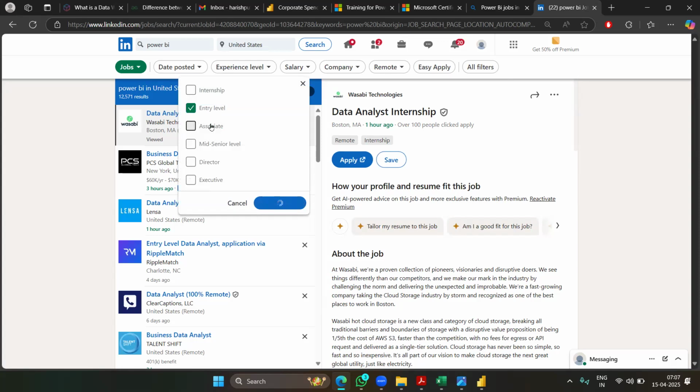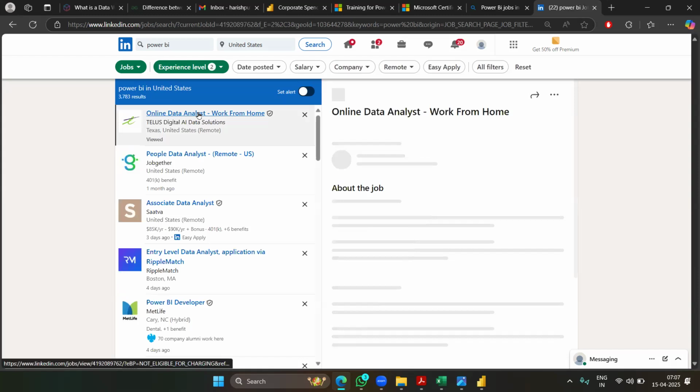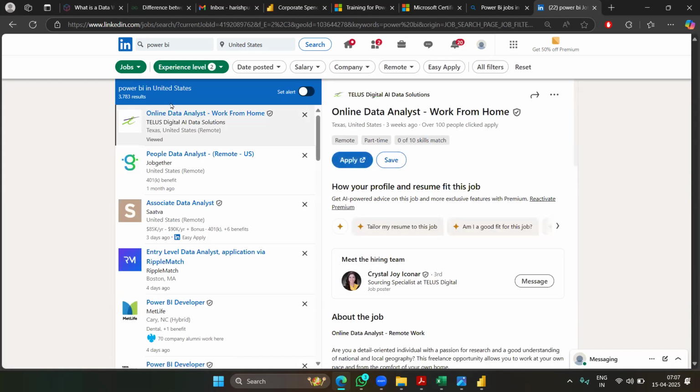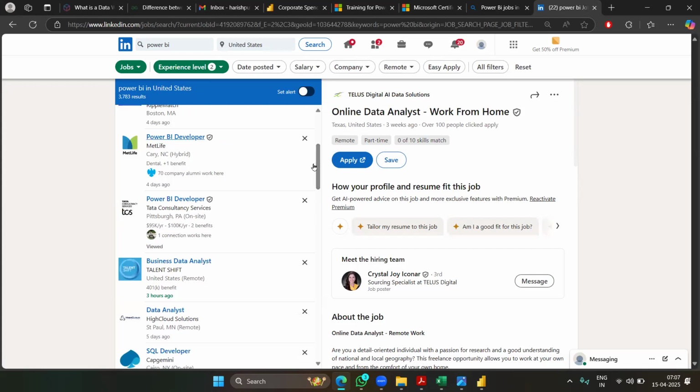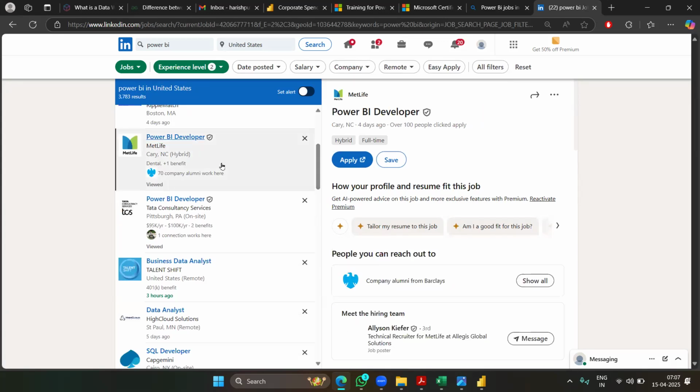And if I take entry and associate, just taking the mid level, see, we have 3,700 jobs. So opportunity-wise, yes, we have good opportunities in the Power BI tool, right?